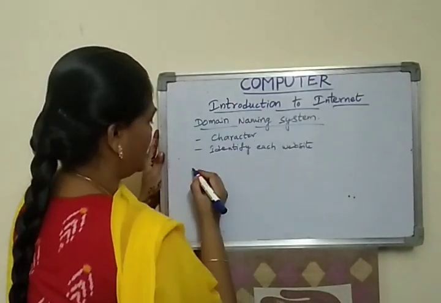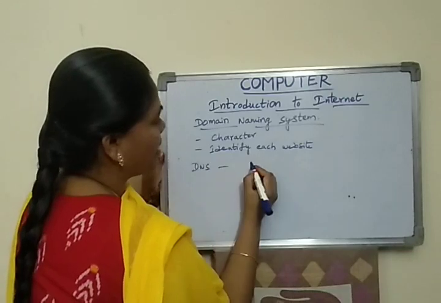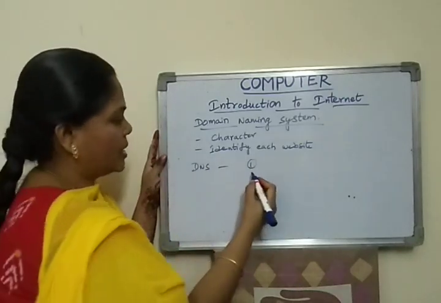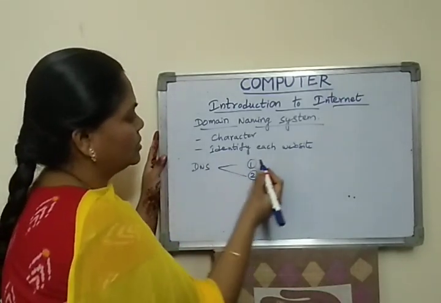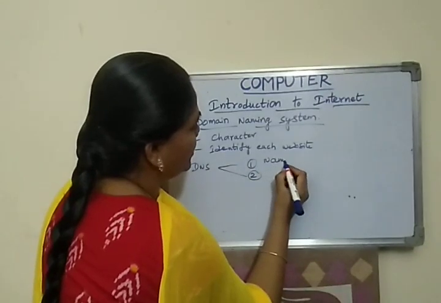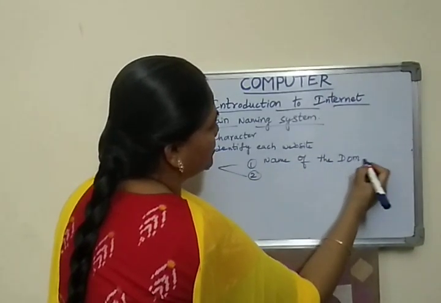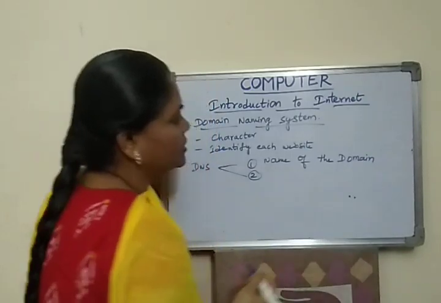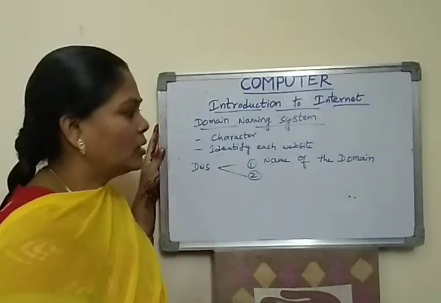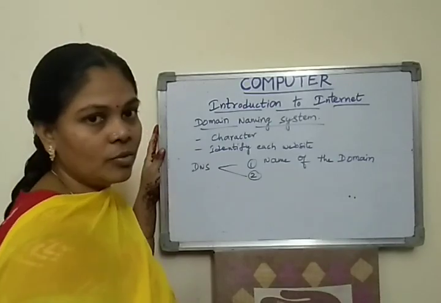In this domain naming system, two parts are there. First one is the name of the domain. That means either it is Yahoo, Google or YouTube, whatever name you want to give.